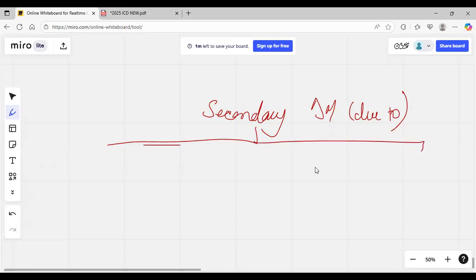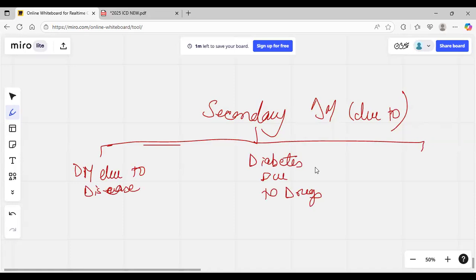We have three types of secondary diabetes. First is diabetes due to disease. The patient has diabetes due to disease. Next we have diabetes due to drugs.